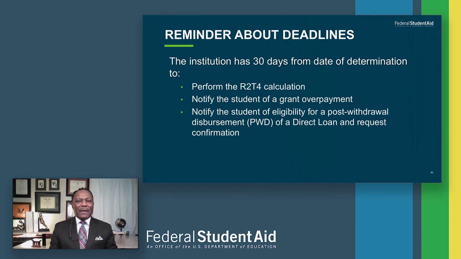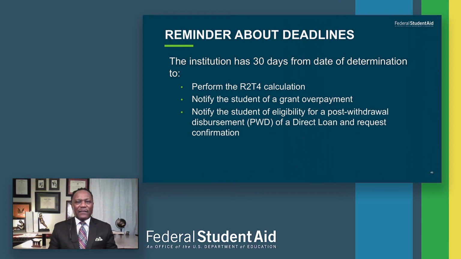Reminders about deadlines. As noted earlier, it is at the date of determination that the school must begin the countdown to certain deadlines. Here we provide a list of tasks a school must perform within 30 days from the date of determination. Pay special note to the need for an R2T4 calculation to be completed within 30 days while also needing to notify the student of either a grant overpayment or post-withdrawal disbursement eligibility for direct loan and request confirmation.